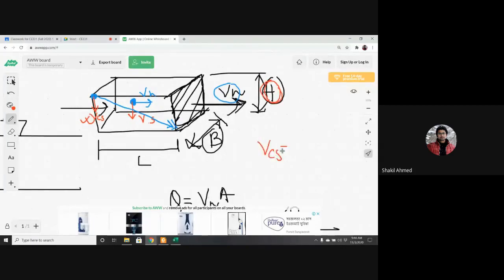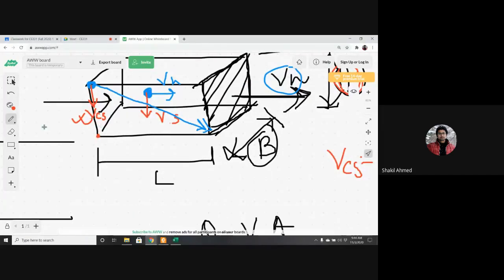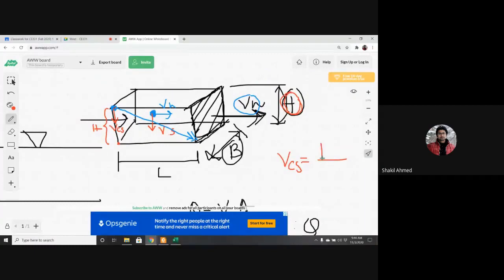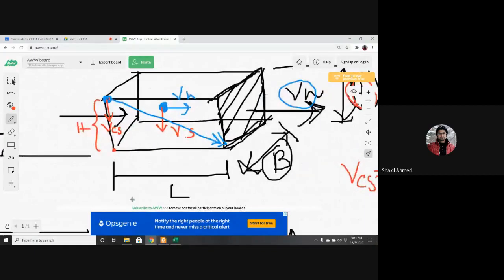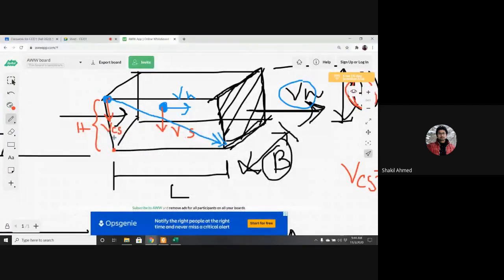So Vcs will be: how much distance does it travel from there to there? H. And what's the time T?